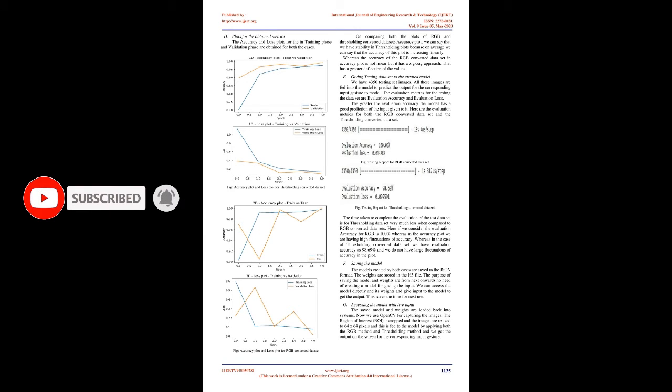And the dimensions of training data are 82,650, 64, 64, and testing dataset 4,350, 64, 64, for thresholding converted images. We have different dimensions, so we will be using CONV2D to create a model for RGB converted images and CONV1D to create a model for the thresholding converted dataset.